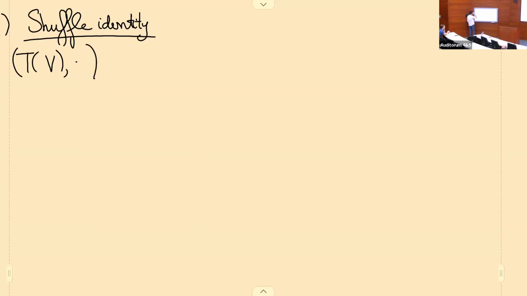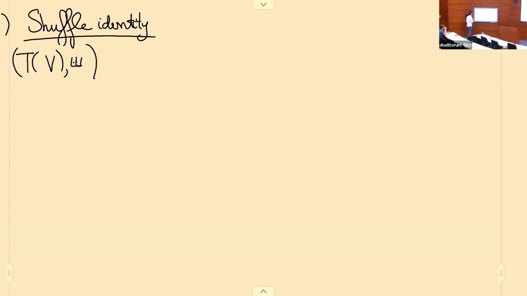Now, it turns out that there are other products that this algebra can be endowed with. Another one is what is called the shuffle product, denoted in this way. The shuffle product has a precise recursive definition that I don't want to give you because it's not very interesting for the purpose of this course. It's much easier to define the shuffle product on basis elements.